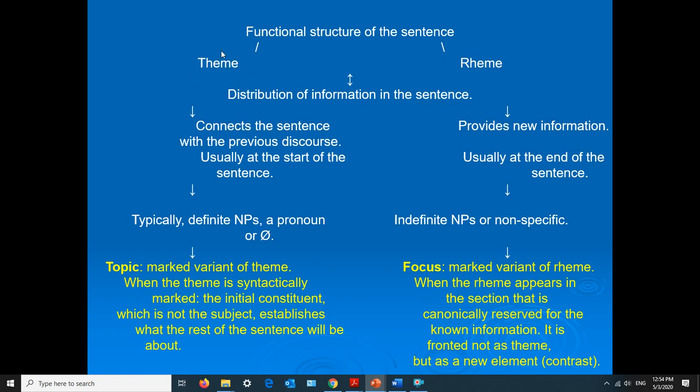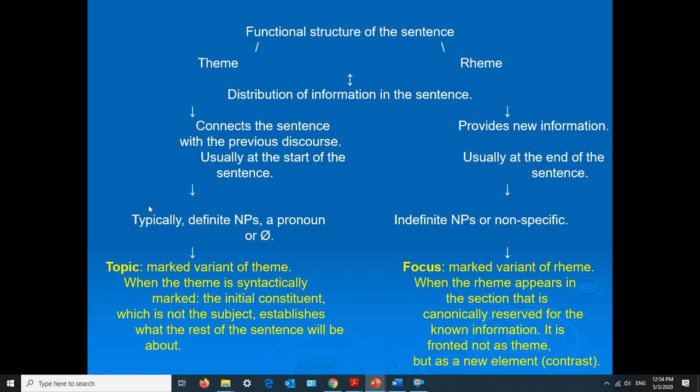The theme is associated with the connection of the sentence with the previous discourse, and it is usually located at the start of the sentence. Whereas the reme tends to be associated with the provision of new information and its location at the end of a sentence.